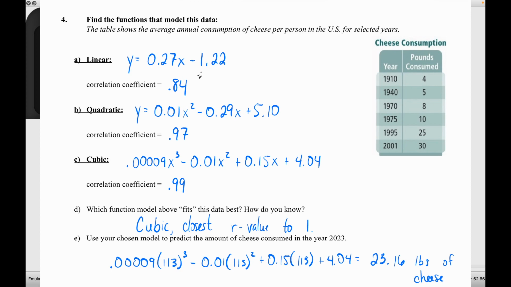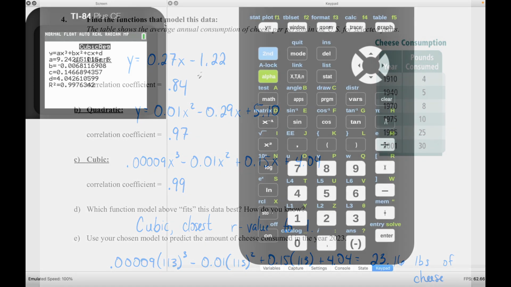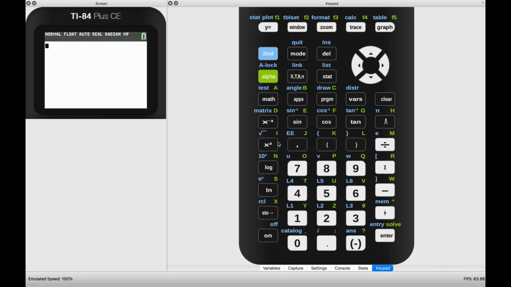And then the last question says, use your chosen model to predict the amount of cheese consumed in the year 2023. So what I would do is use 0.00009 and plug in that x value. 2023 would be 113. Then minus 0.01, and again that same x value, 113.